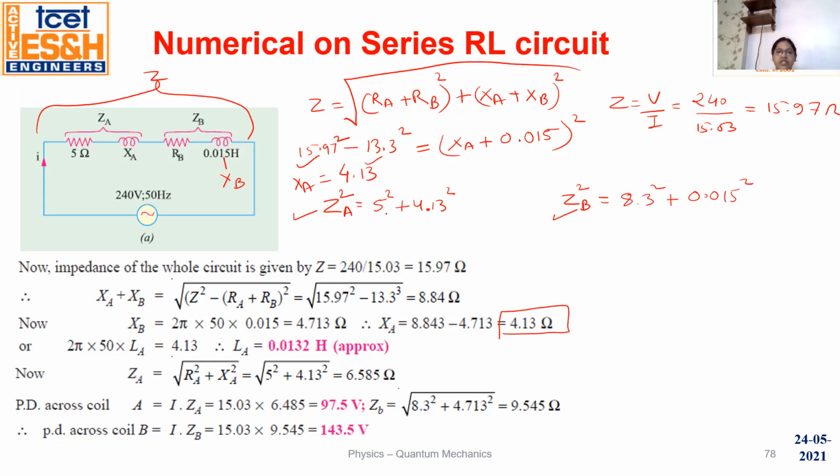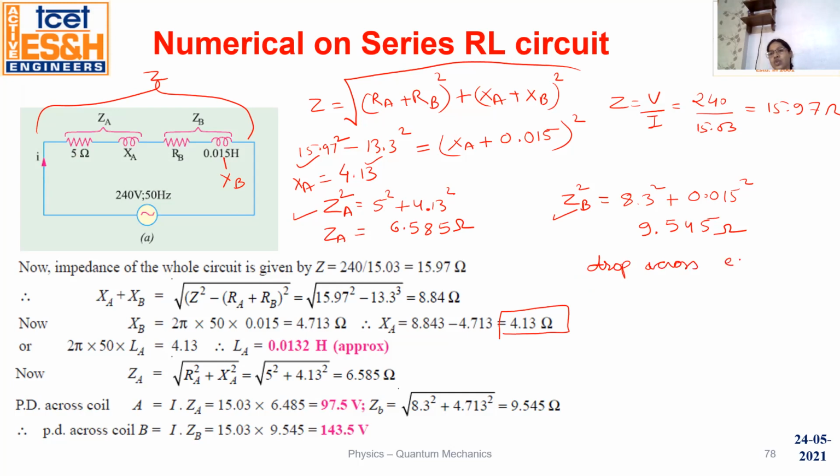So what is ZA after solving it? ZA is nothing but 6.585, and ZB is 9.545. So the unit is ohm. Now you can find the drop across each coil.